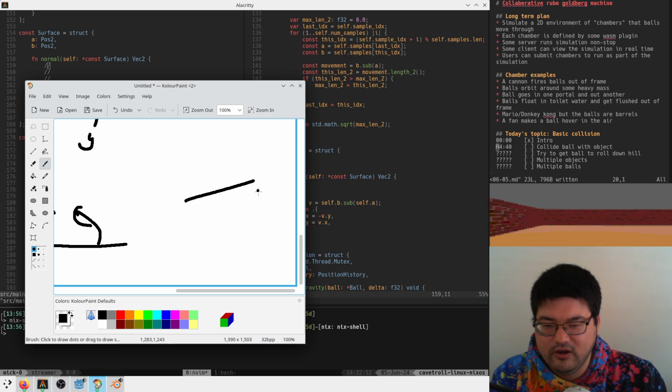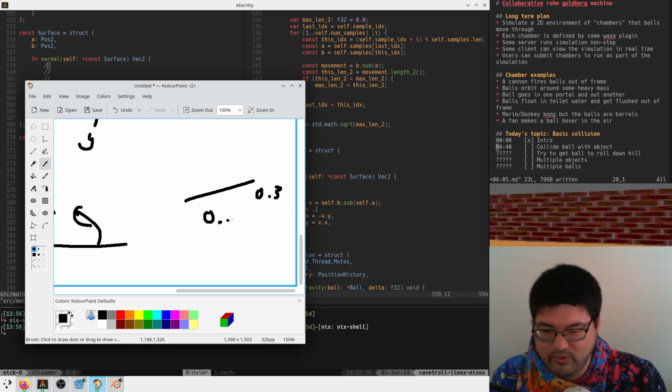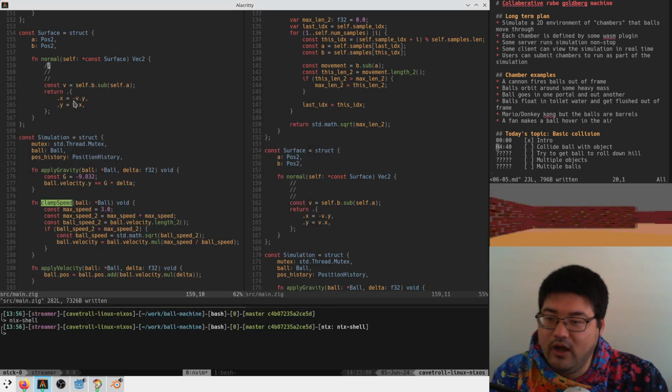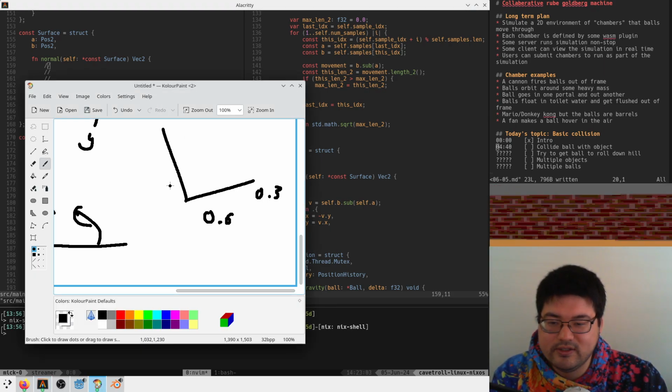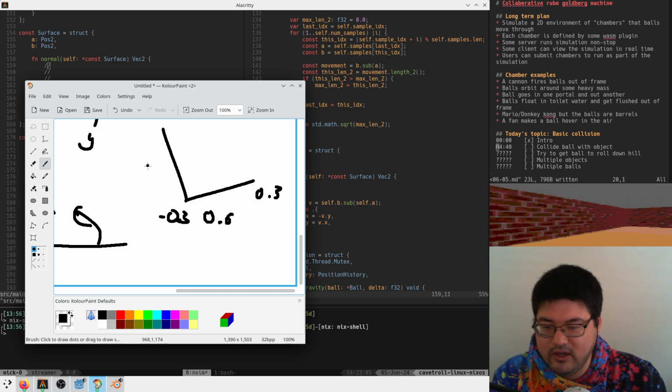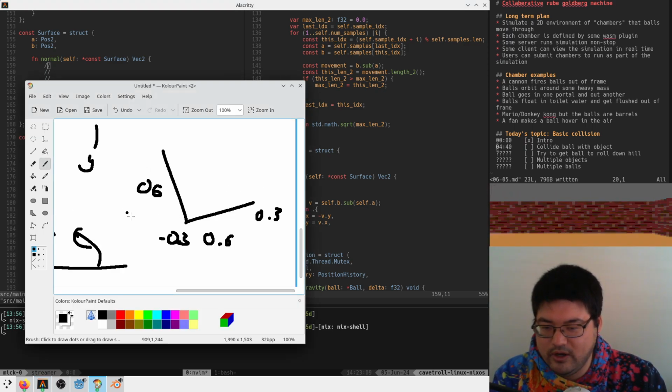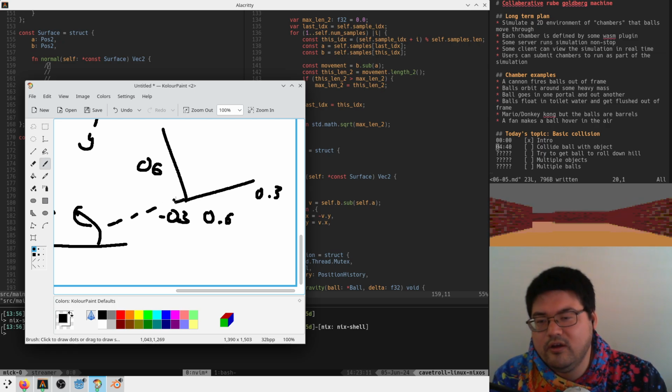So if I have 0.3, 0.6, this gives me x is negative y, so this is negative 0.3 and y is 0.6. And then I do another 90-degree rotation.